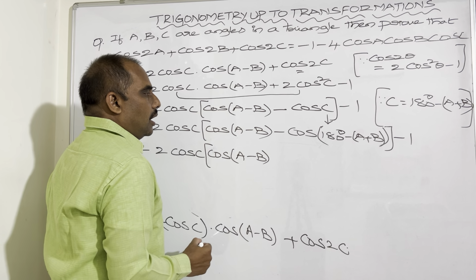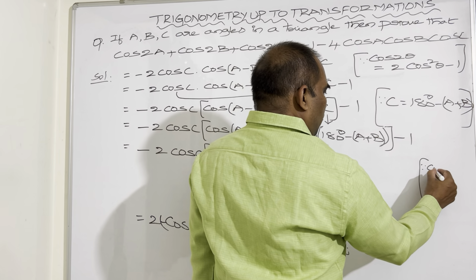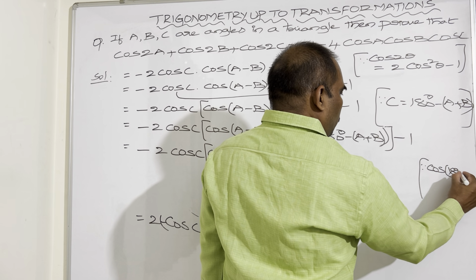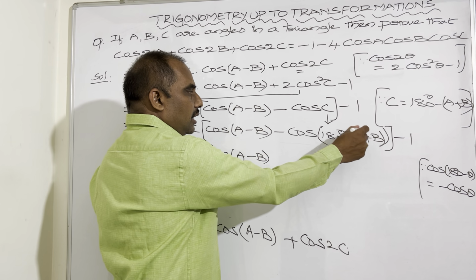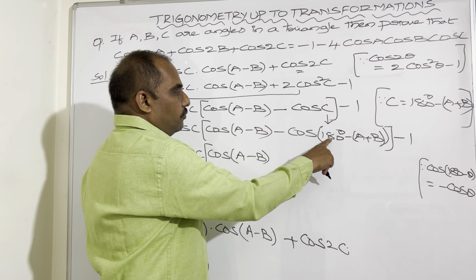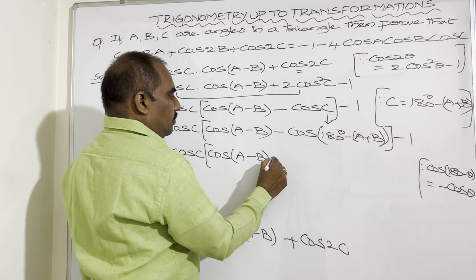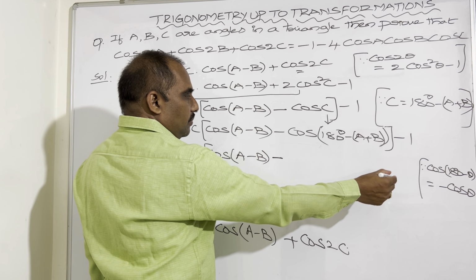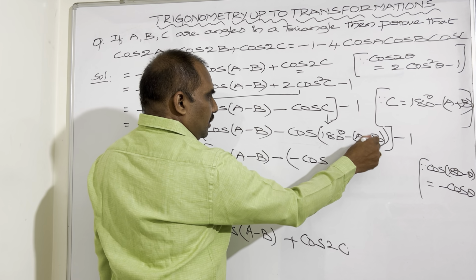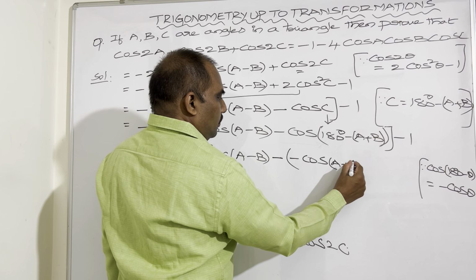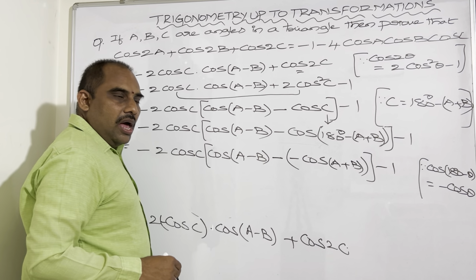Now it is equal to minus 2 cos C into cos of (A minus B), and here I already told you in the beginning, cos of 180 minus theta is equal to minus cos theta. Here theta is A plus B, so this is minus cos of (A plus B), and this minus 1 is written as it is.